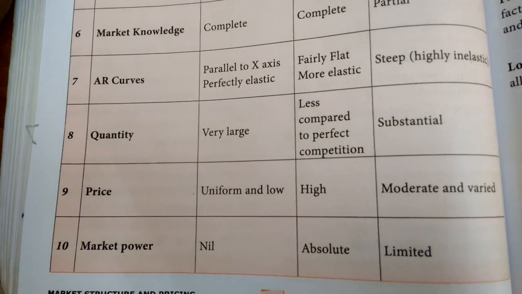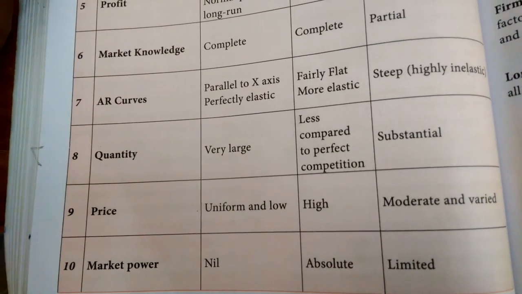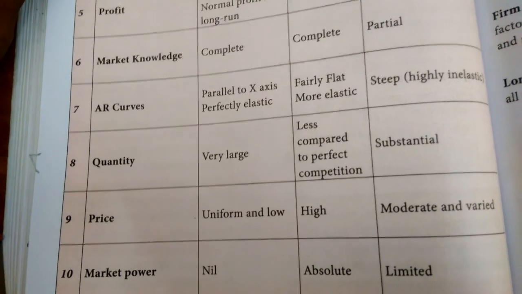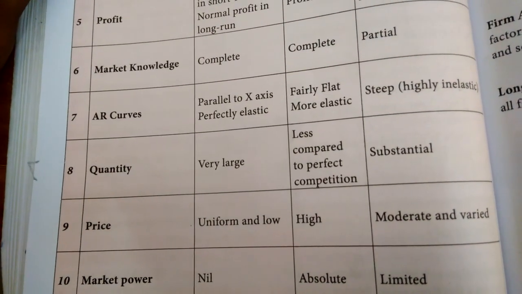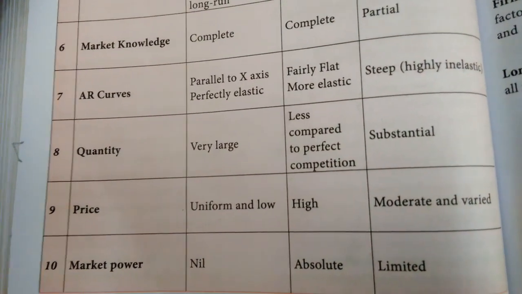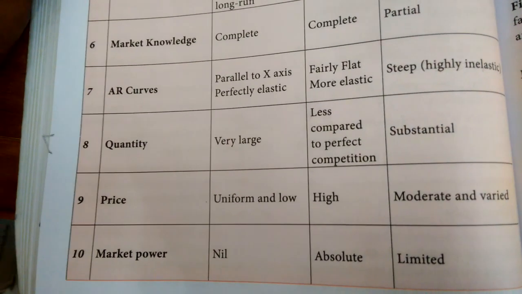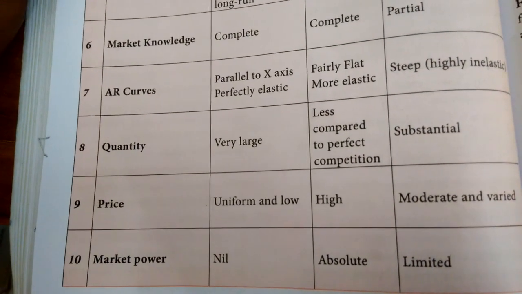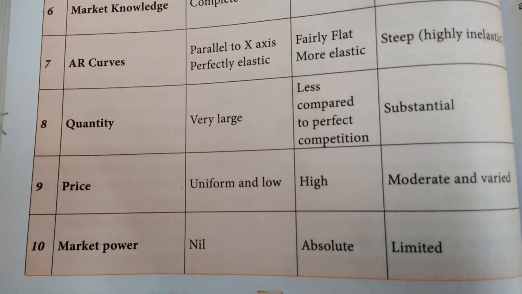In the monopoly market, a high price will be fixed by the monopolist. And in monopolistic competition, prices are moderate and varied; on the basis of their cost of production, they fix the price for their commodity.